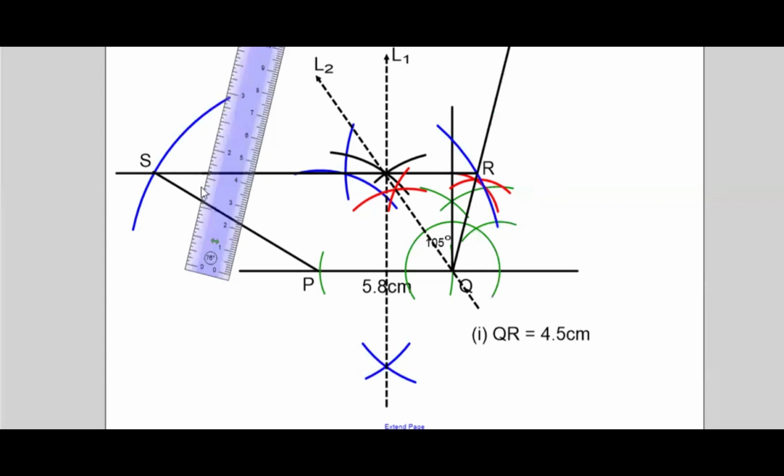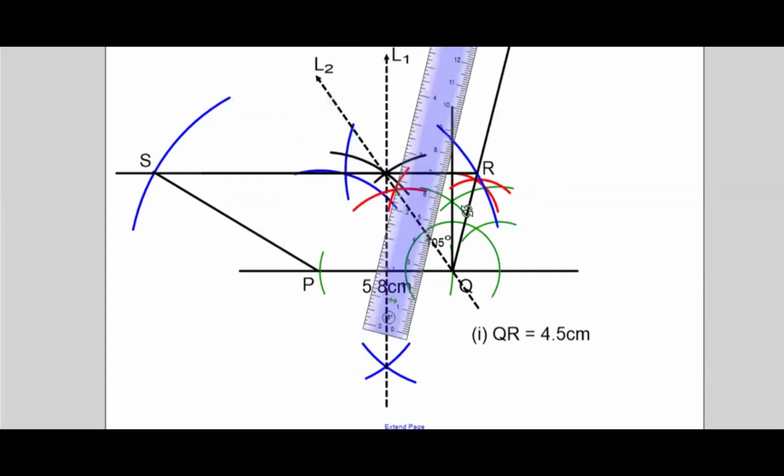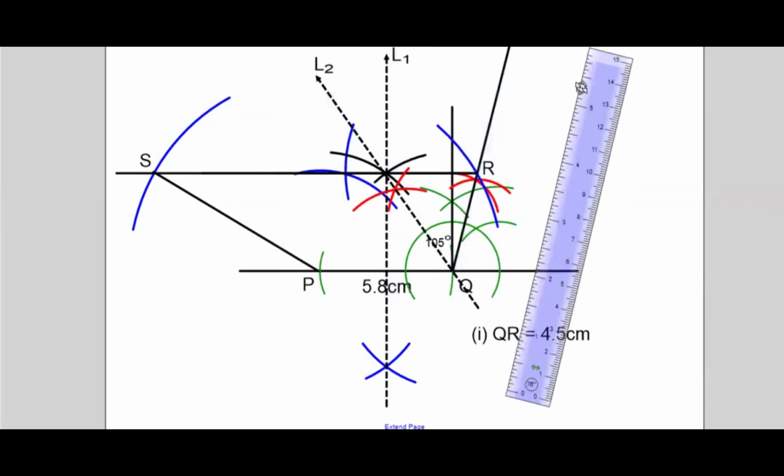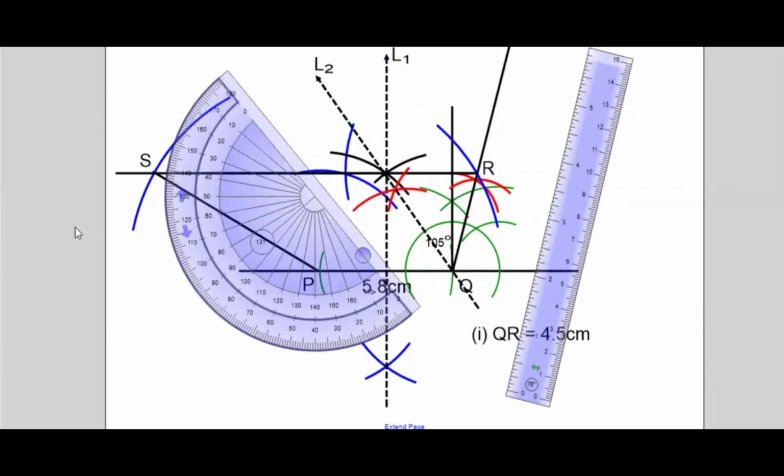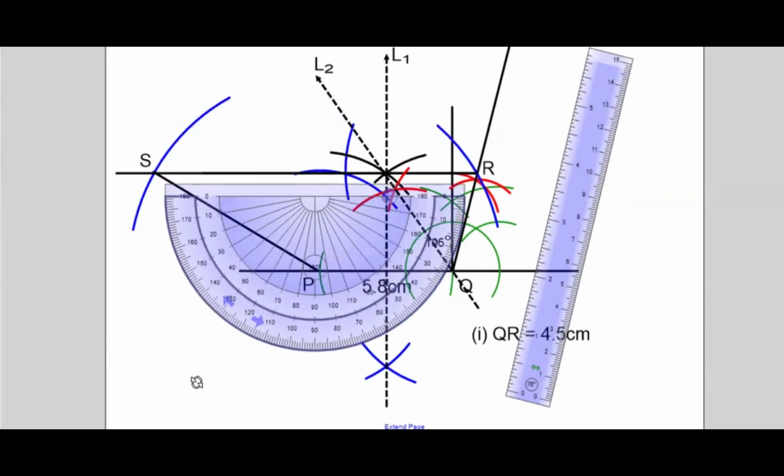So for us to measure the angle, let's bring a protractor to that place. Ensure this point S aligns with the center here, and this line aligns with this straight line.